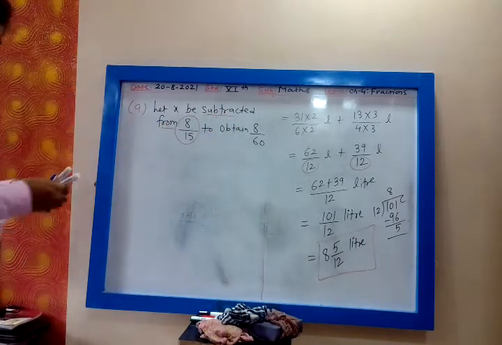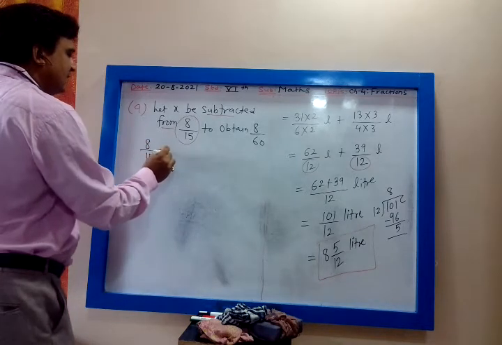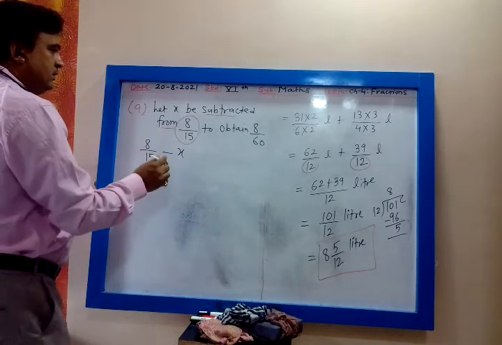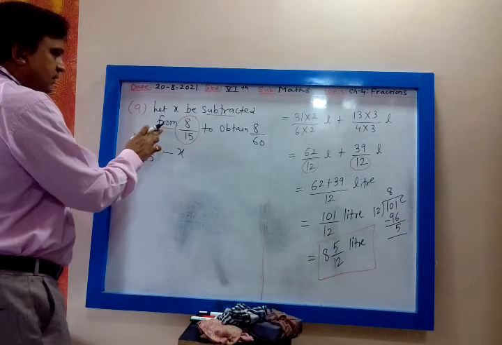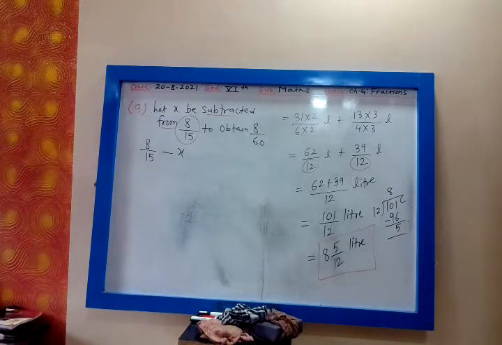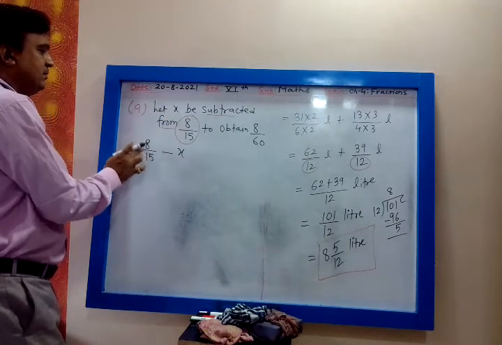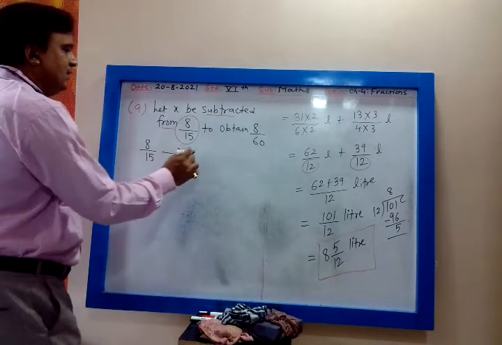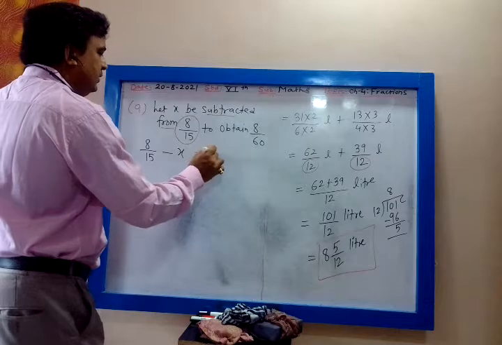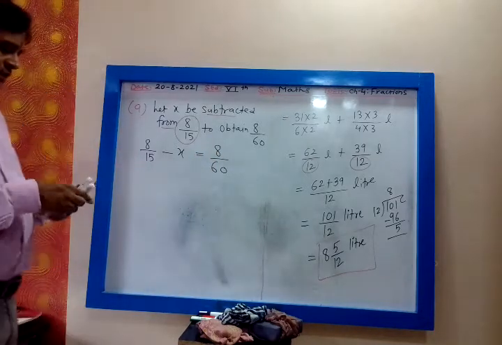This is to remember. So x is subtracted from 8/15, so that will be 8/15 minus x. Obtain means equal to 8/60. So this is my equation.